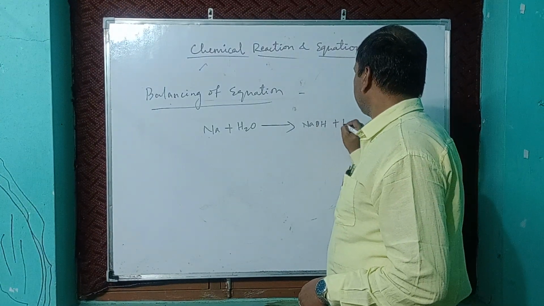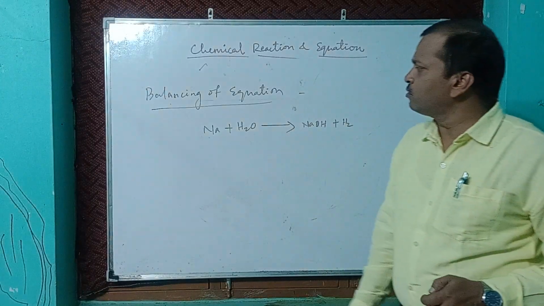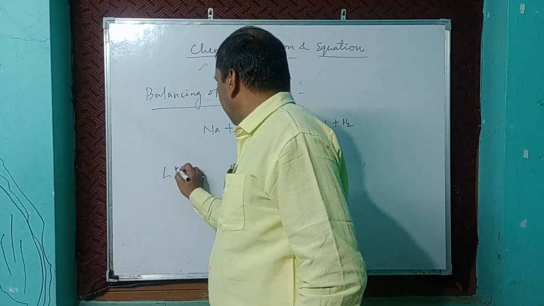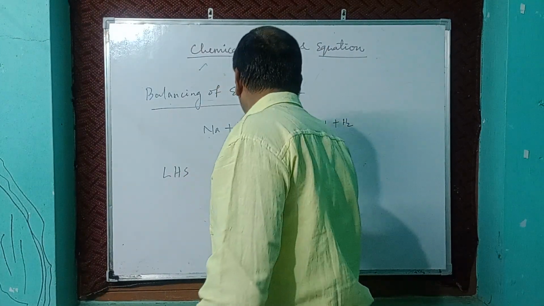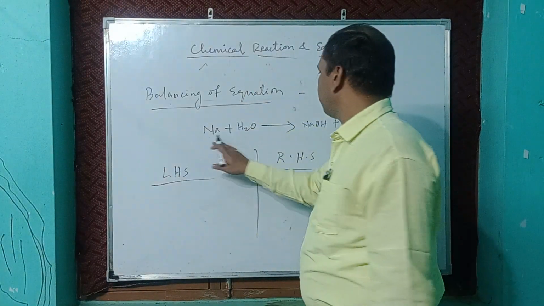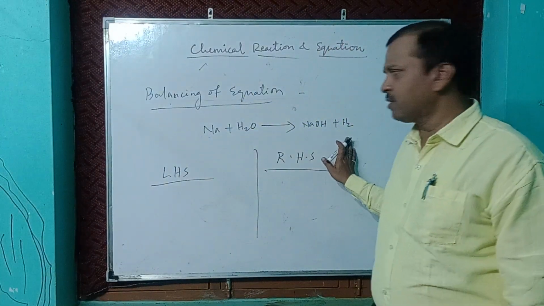So what we have to do is write the left hand side and the right hand side. In the left hand side, what is there we have to write, and in the right hand side, what is there we have to write.